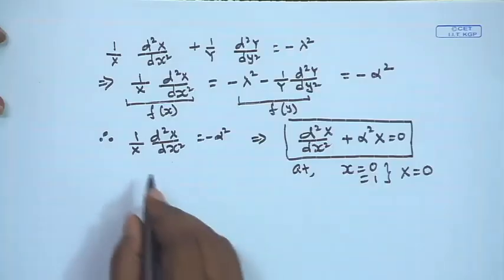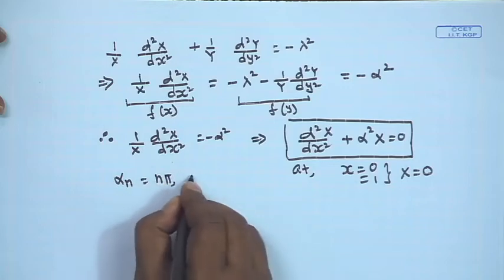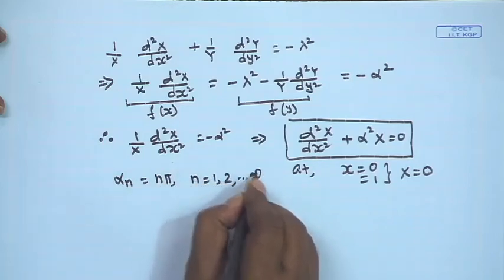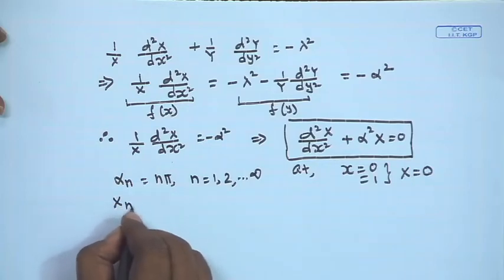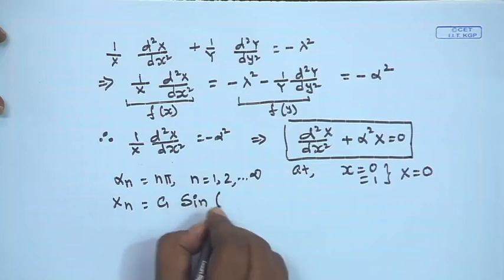So, we can formulate a standard eigenvalue problem in the x direction, because the boundary conditions are homogeneous in that direction, and we know the solution of this problem, the eigenvalues are n pi and eigenfunctions are sin n pi x. So, we write that. Alpha n is equal to n pi, where index n runs from 1 to infinity, and the eigenfunctions are sin n pi x.